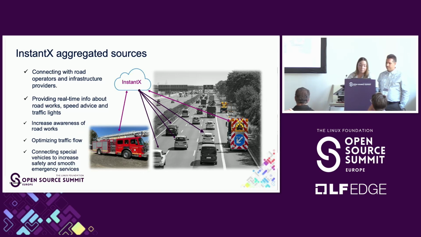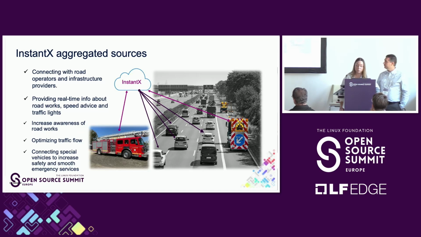So we have a lot of different data sources. We can aggregate different sources because we can connect with road operators and infrastructure providers, road authorities, and provide real-time info about the different roadworks, speed advice, traffic lights, for example.